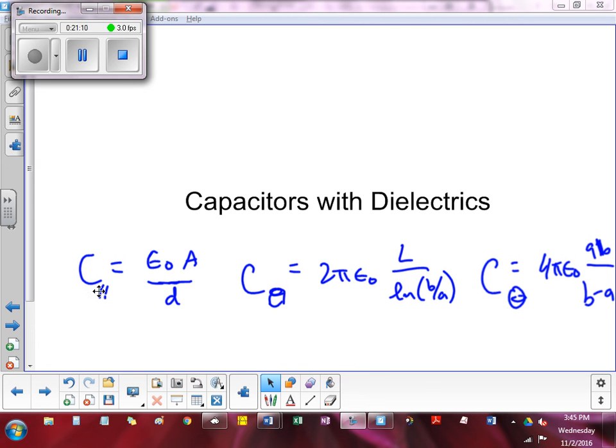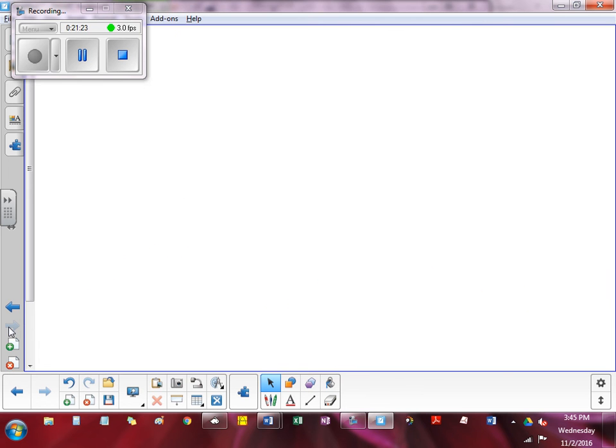So perhaps if we wanted to increase our capacitance, maybe we could play around with epsilon. But how? Okay, so Faraday actually discovered something. He discovered that epsilon naught, which is what we call the vacuum permittivity constant, that thing can be improved.